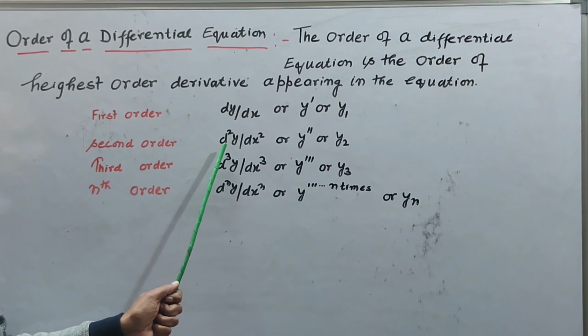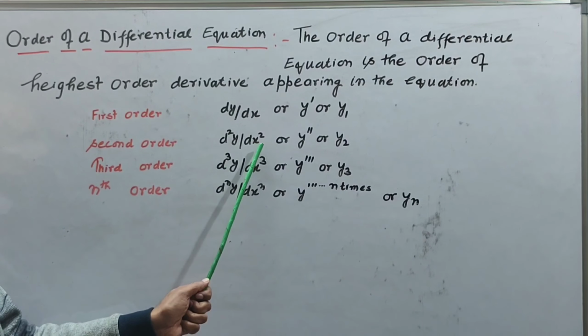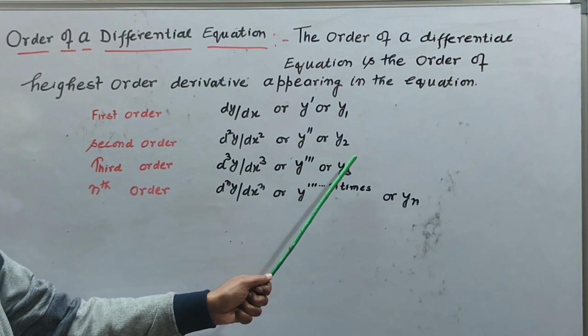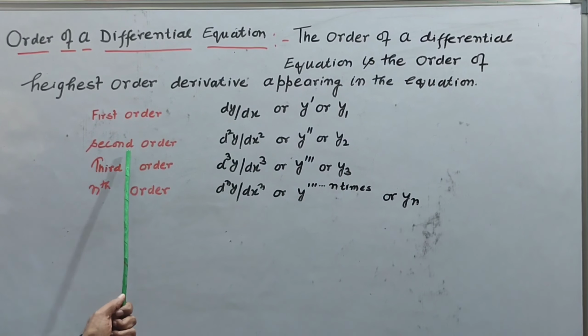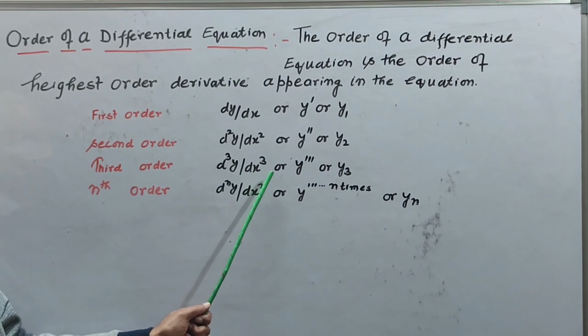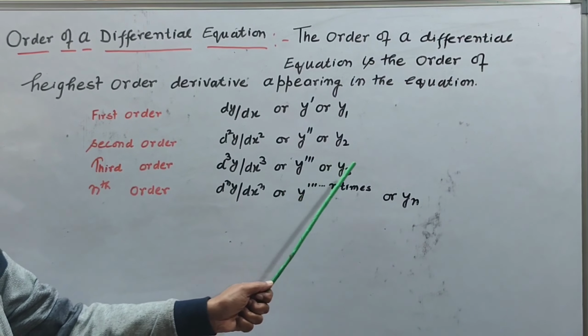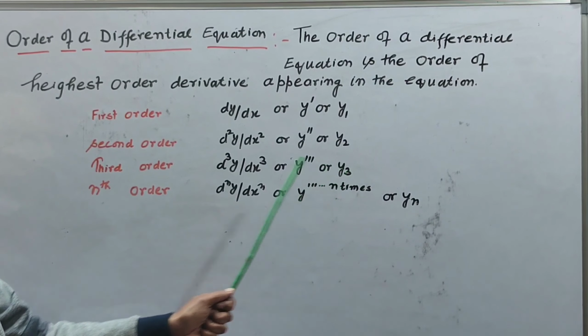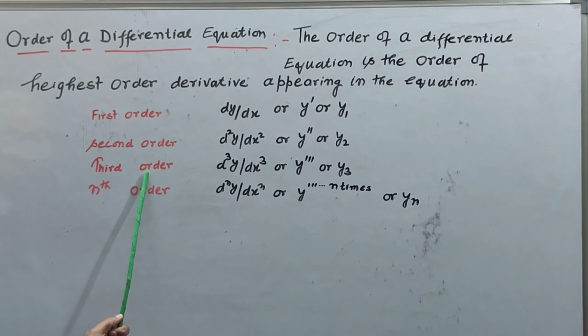If we find d2y upon dx square or y double dash or y2, it means second order. If there is d3y upon dx3 or y triple dash or y3 in the equation, it means it is of third order.